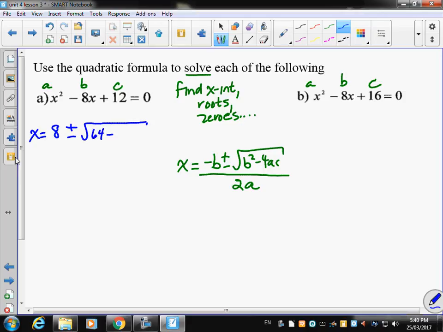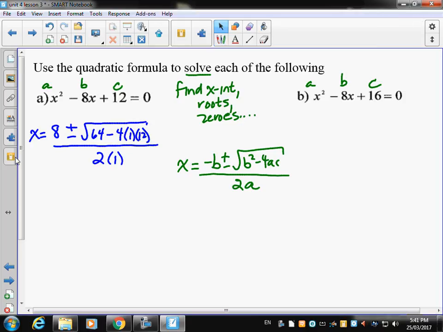Subtract, and it says 4ac, so I want 4 times a, which is invisible 1, c is 12, over, and on the bottom, the denominator is under the whole mess, 2 times a, and a is invisible 1. So first thing I do is put all of the numbers in the right spot. I tend to do this work first. So b squared, whatever my b value is, I just square it and put it in there.